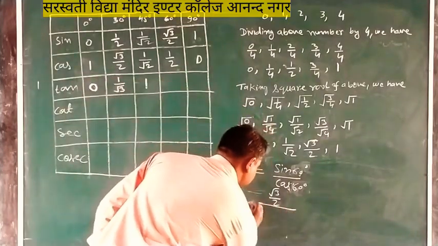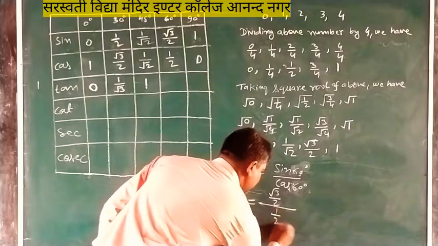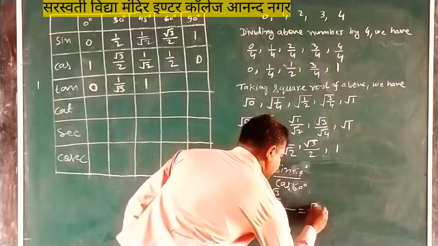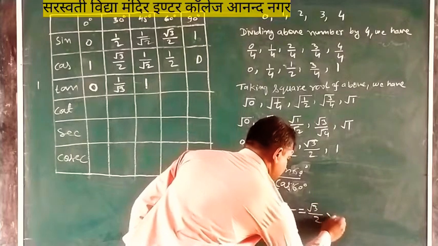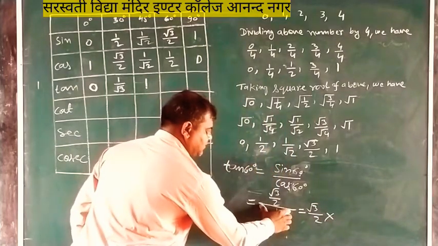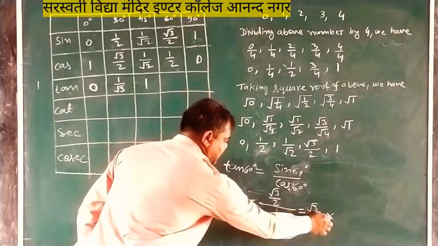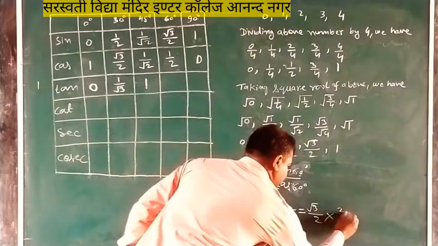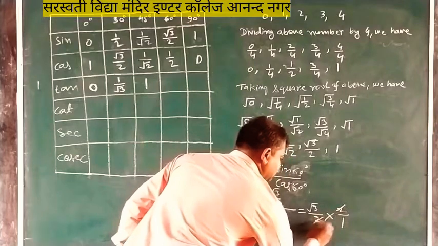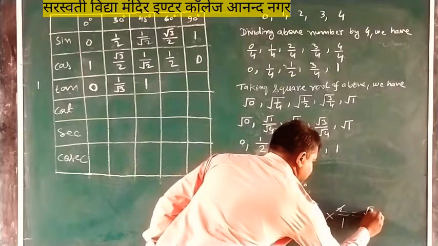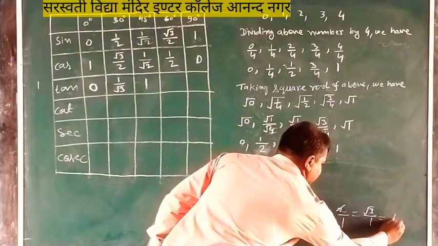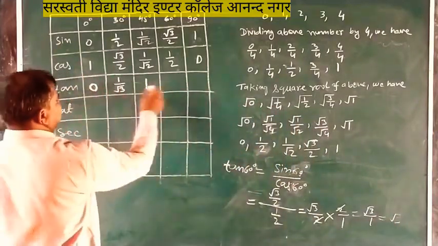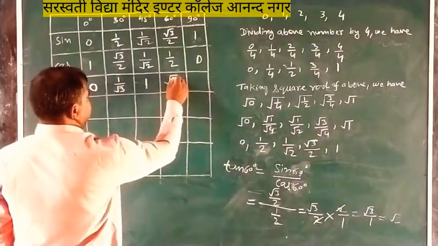After solving this, we will write under root 3 by 2, and this divide sign will be converted into multiply sign, and we will write its reciprocal here, then 2 by 1, 2 cancels, and this is under root 3 by 1, means under root 3. The value of tan 60 degree is under root 3.